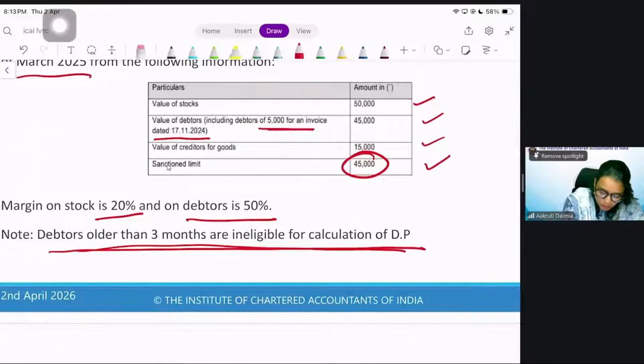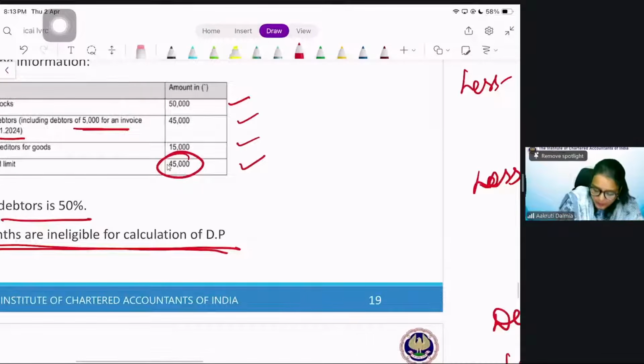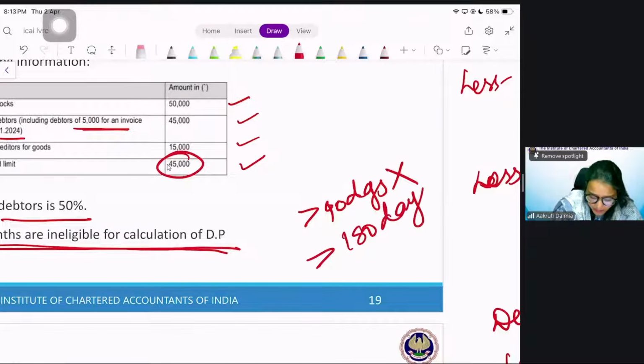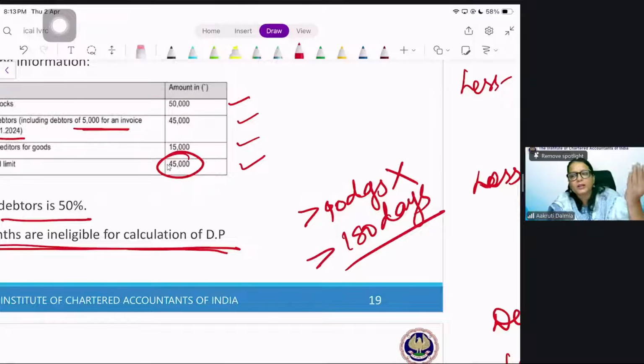If this note is not given, the bank can have individual policies. कुछ जगह पे they allow, and some places they don't allow debtors greater than 90 days for DP calculation. For some types of businesses, they may give 180 days. So in your question, it will be given whether debtors more than 180 days are not allowed or debtors more than 90 days are not allowed. Is that clear, Astha?